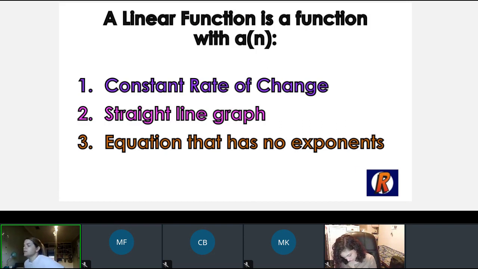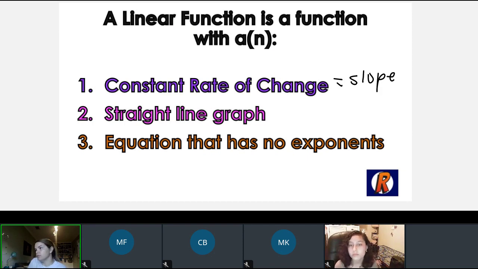Okay, so what is a linear function? Well, a linear function is a function with a constant rate of change, or slope. It has a straight line. Think about it. The word itself, linear, has line in it.